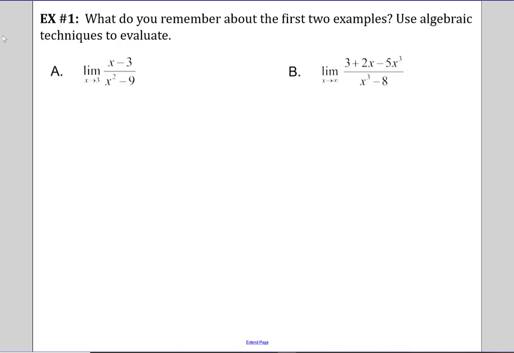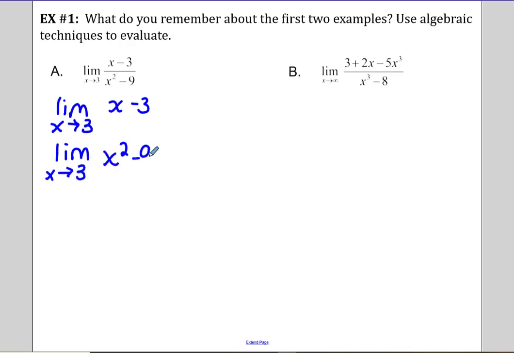So without reading all the extras in the notes, let's think about those 2 examples at the beginning. What do you remember or recall? If we tested out the limit as x goes to 3 for the numerator and the limit as x goes to 3 in the denominator, we're going to find out that we have 0 and 0.